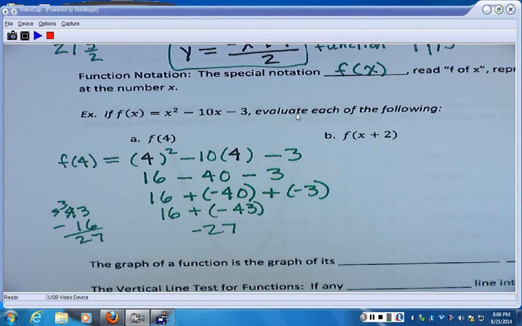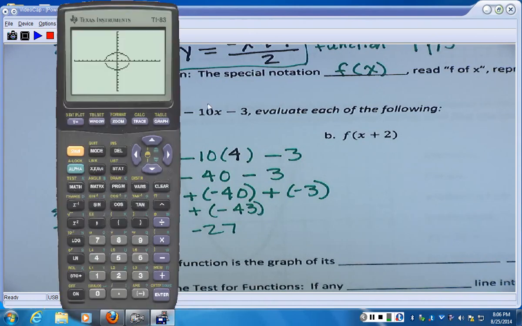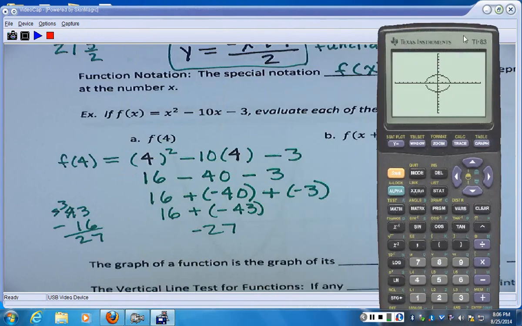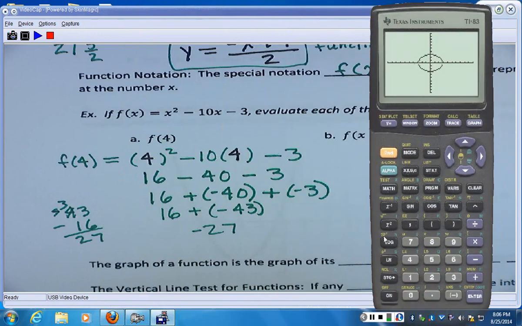And then I would check it. Make sure I didn't make a silly mistake. So you could even do 4 squared minus 10 times 4 minus 3. And it's negative 27. We didn't make any mistakes.